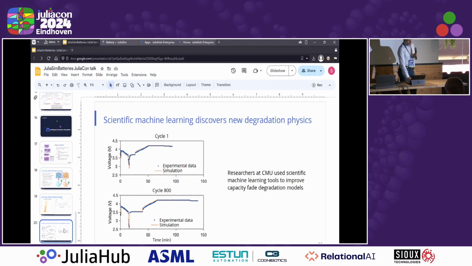Or if you want to discover missing physics in the battery models, you can leverage neural network capabilities, so you can embed the neural network in the model. This is work in progress on how to leverage the data that you have in order to discover missing physics in the model that fits the particular system that you have.